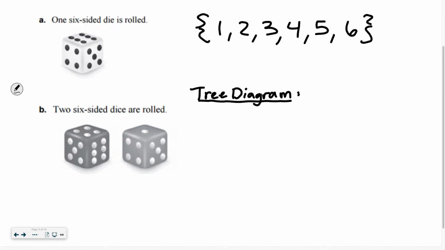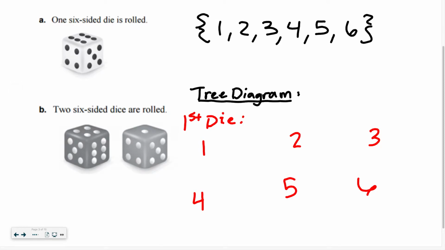So in a tree diagram, I could talk about the first die. The first die can have the 6 different outcomes that are in my sample space from part A, right? Like I could roll a 1, a 2, a 3, and then a 4 and a 5 and a 6, right? The red indicates my first die. Those are the possible outcomes, 6 of them.